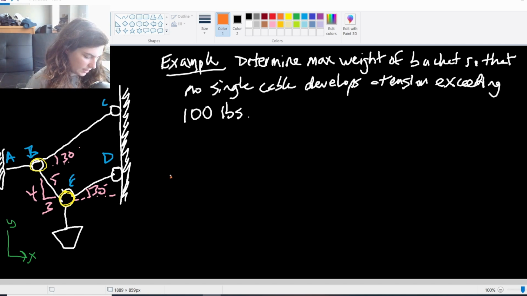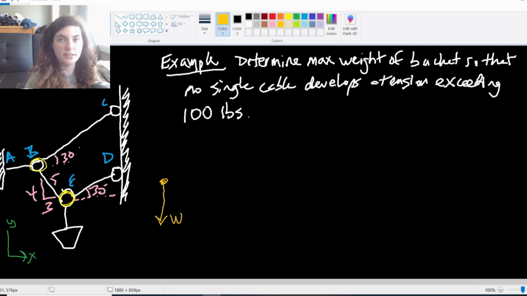So looking at point E, I have my point E here. I have the weight of the bucket coming off of it. This is the thing we're trying to find, right? We don't know the weight of the bucket. We want to know the max weight of the bucket.